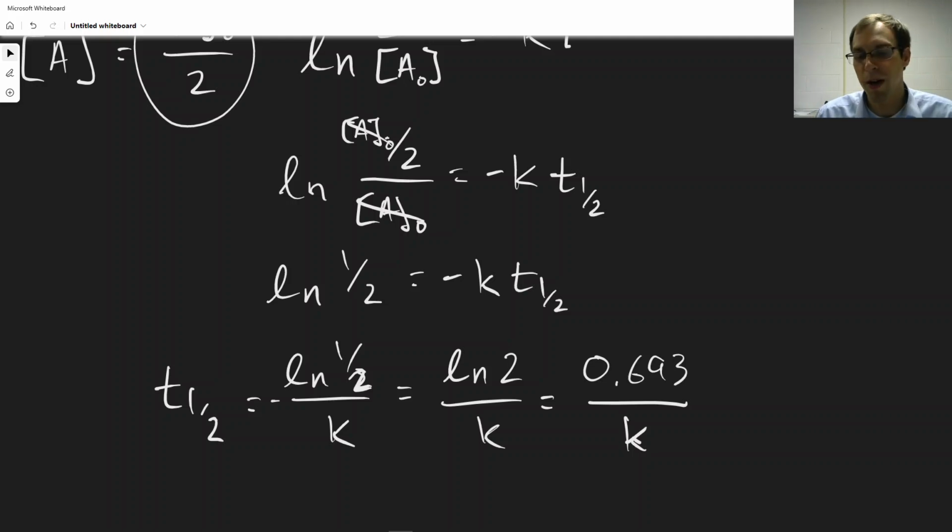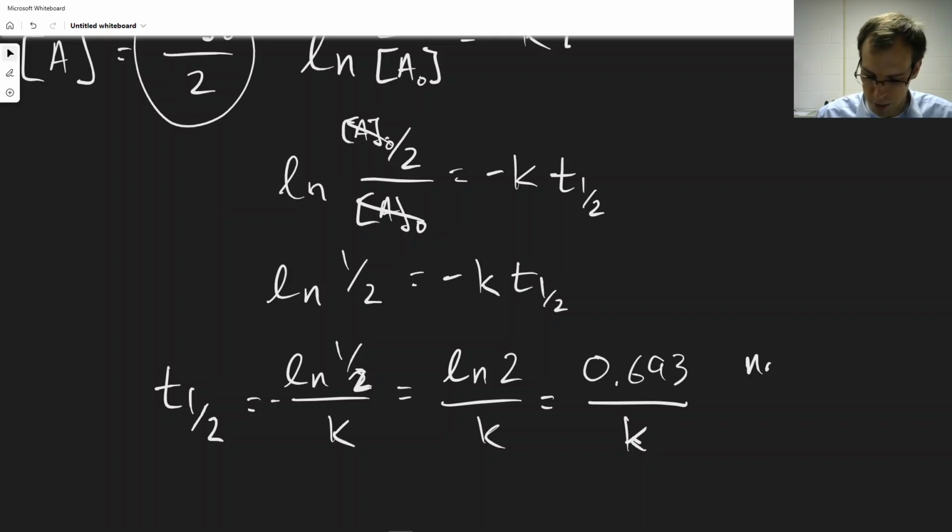What's interesting about the half-life for first-order reactions, and one reason why, instead of being told the k value for a radioactive element, you're instead told the half-life, is that the half-life does not depend on A naught. The half-life is independent of how much substance you have. It's just a fixed value that depends on the rate constant for your reaction.